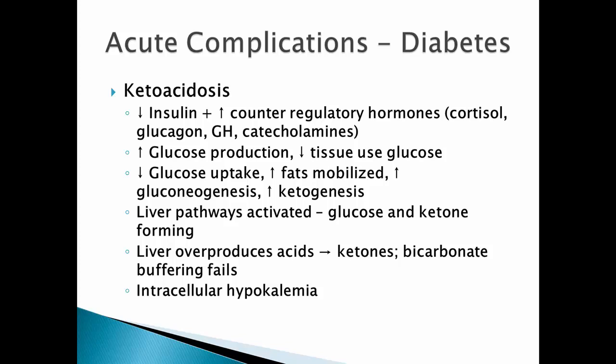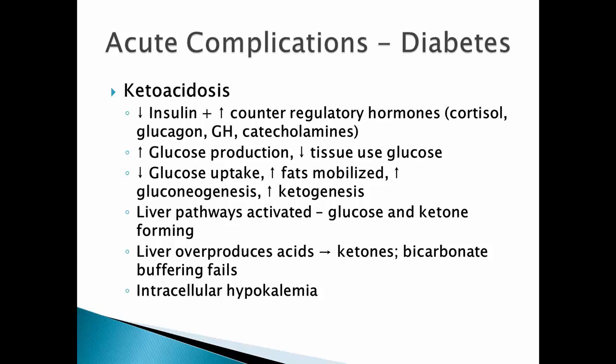The net effect of all of them would be to increase the blood glucose level, just as insufficient insulin would also increase the blood glucose level. So as a result then you have an increase in glucose production as well as a decrease in the tissue use of the glucose.